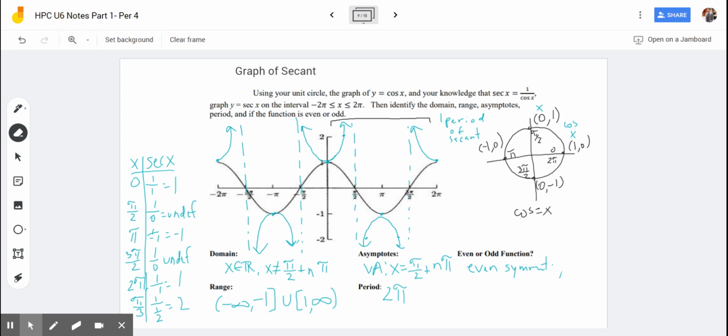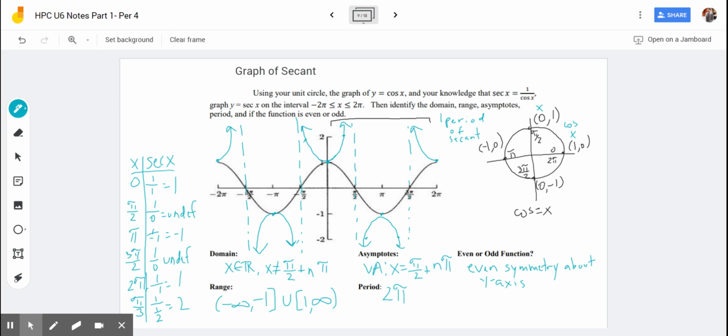A little bit messy there with the handwriting. Symmetry about the y-axis.